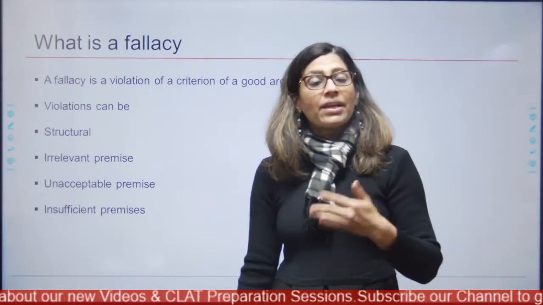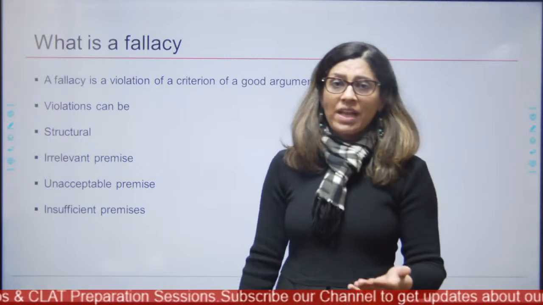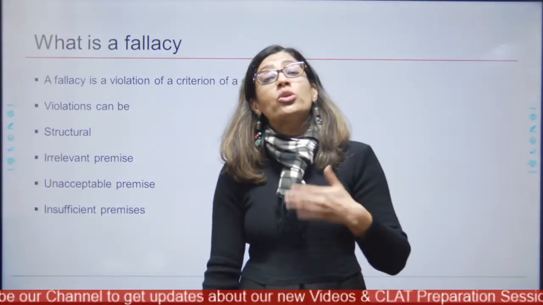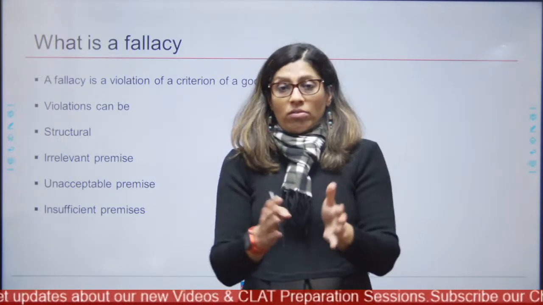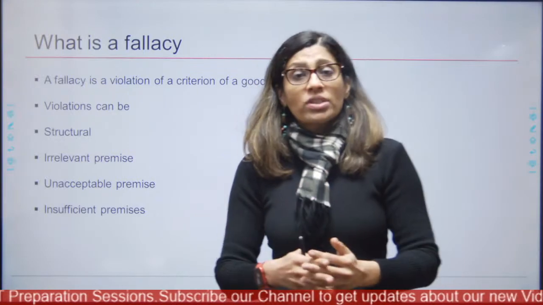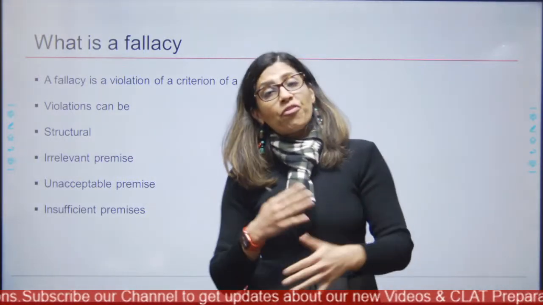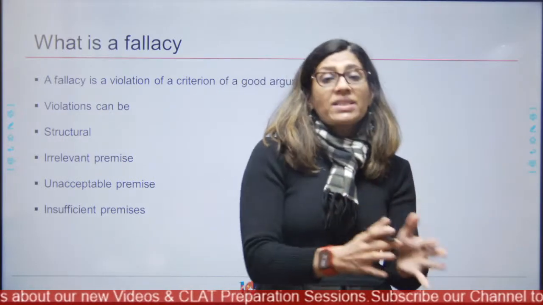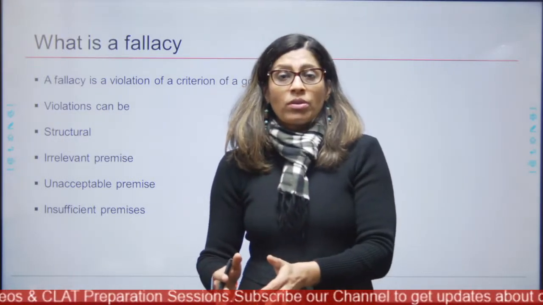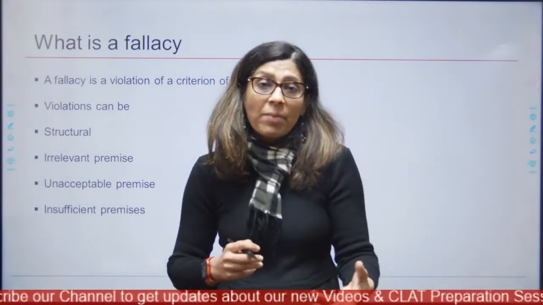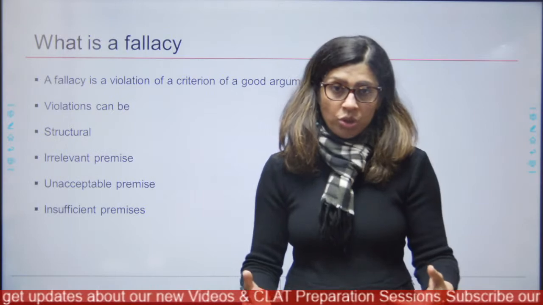Now, there can be intentional or unintentional fallacy. Some of the fallacies stem from not knowing that this is not how an argument should be structured. And in most cases, the flaw is between the premise and the conclusion. Either it could be how they are connected, or it could be the nature of the premise, or the nature of the conclusion.